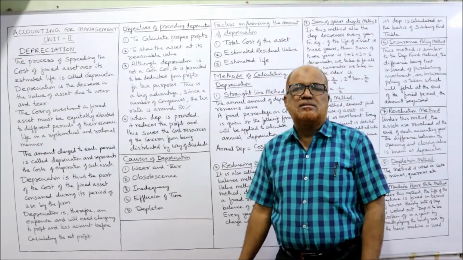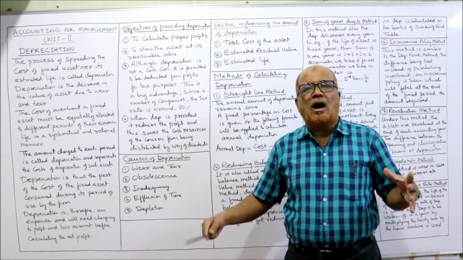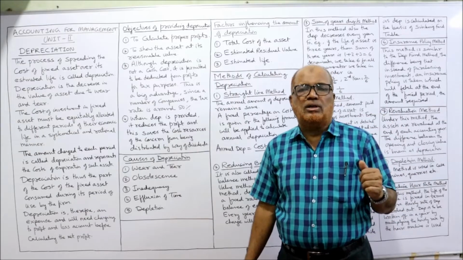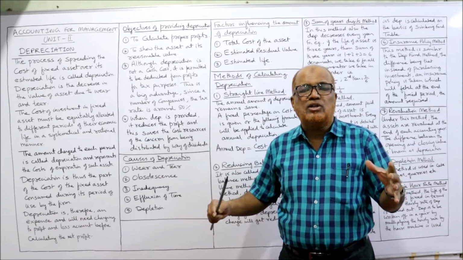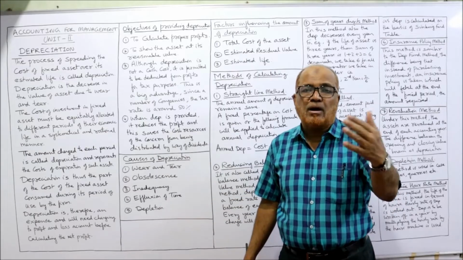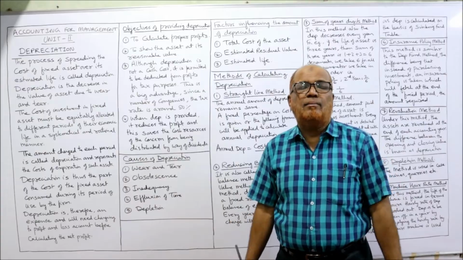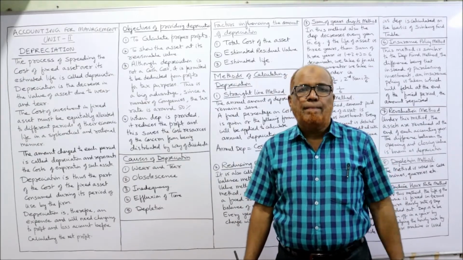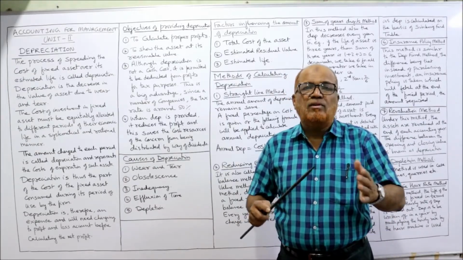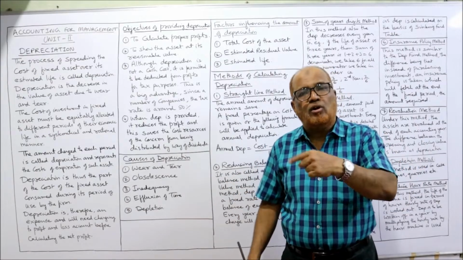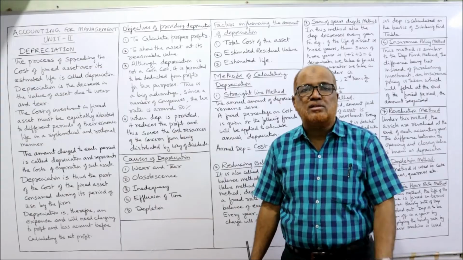Secondly, obsolescence. Obsolescence means outdated. Due to advancement in technology, due to dynamic situations, the fixed assets may become outdated because advanced technology assets will come in the market. In that case, the old asset will become outdated. So to combat this situation, we have to provide depreciation due to obsolescence.